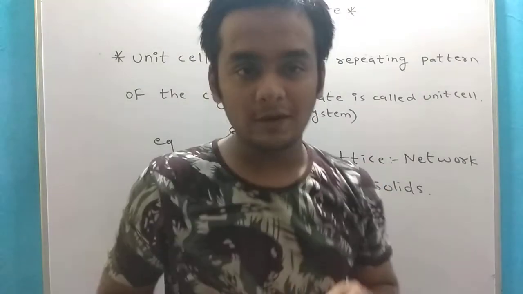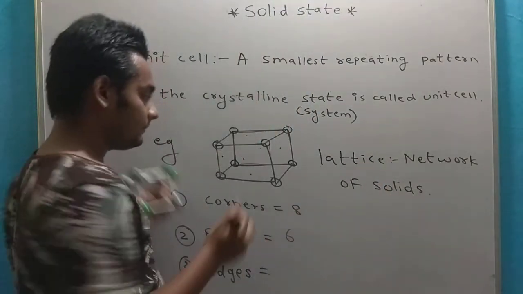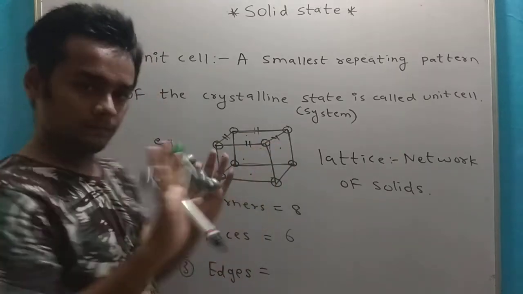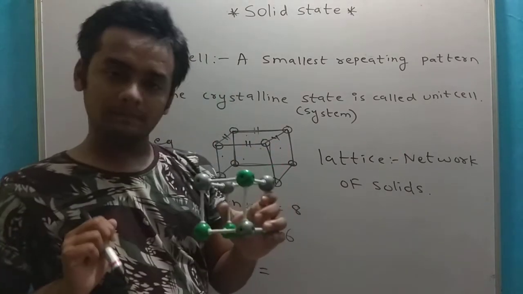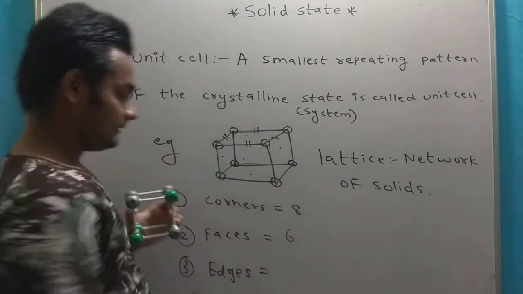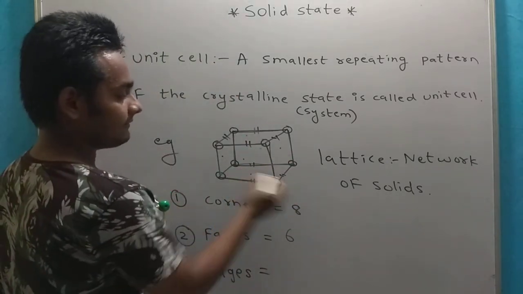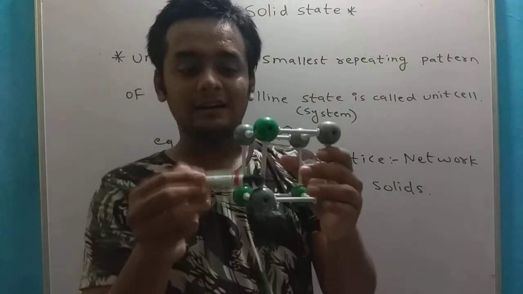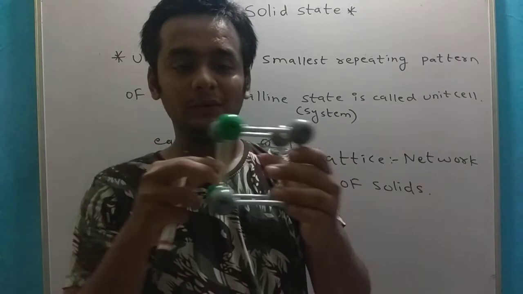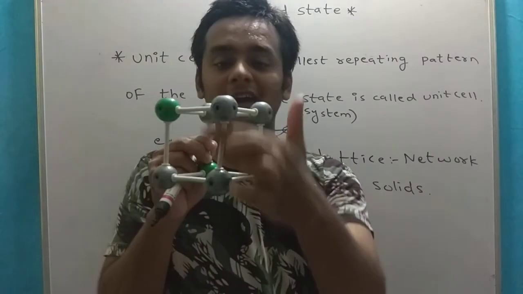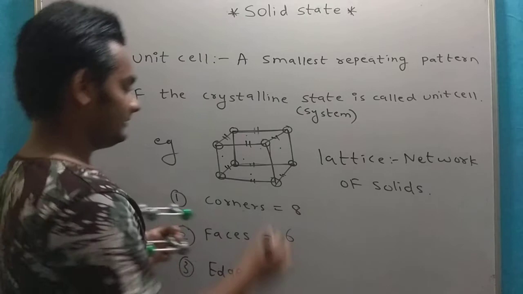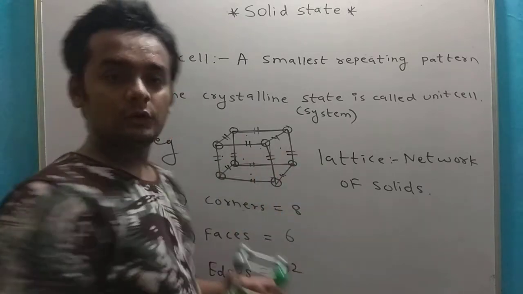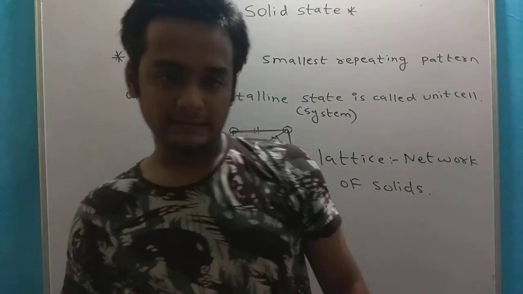I hope you have not understood. Look here again: 1 2 3 4, the upper 4, 5 6 7 8, the lower 4. Now these 4, 1 2 3 and 4. How many is that? 12. Have you understood? So there are a total of 12 edges present.